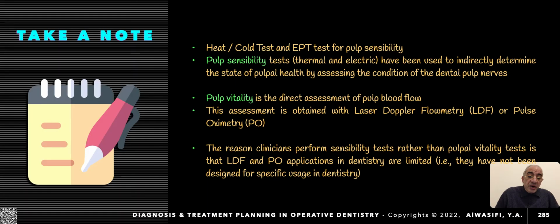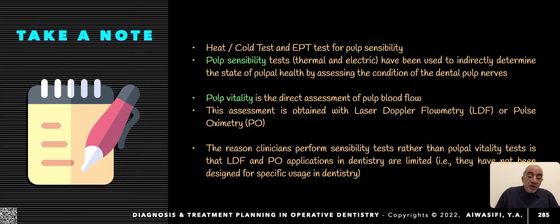Please take note that heat and cold tests and the electric pulp tester are tests for pulp sensibility. Why? Because they indirectly give an idea about pulp health by assessing the condition of the dental pulp nerves. That's why it is termed sensibility. We are measuring the sensibility of pulp nerves.